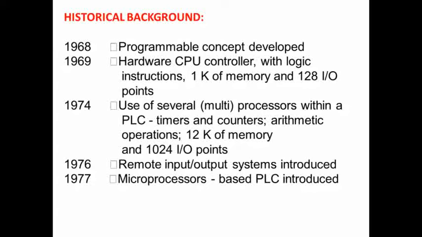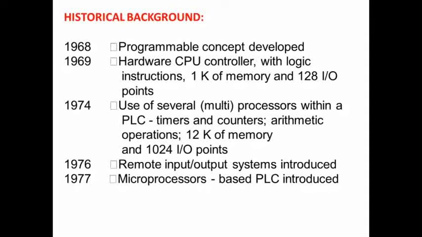Their primary goal was to eliminate the high cost associated with inflexible relay control systems, and the specification basically required a solid state system with computer flexibility able to survive in the industrial environment. It should be easily programmed and maintained by a plant engineer and technician.